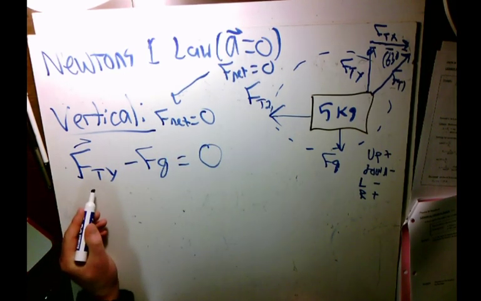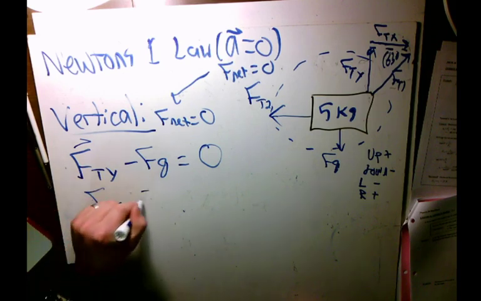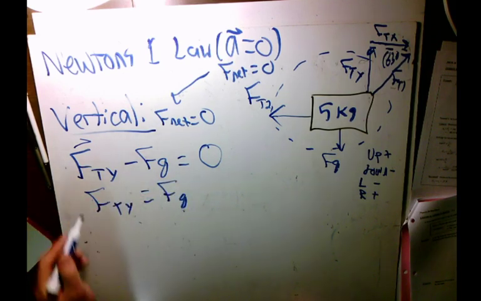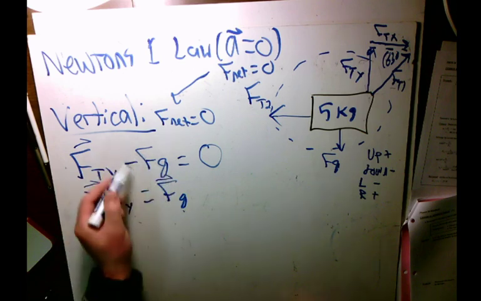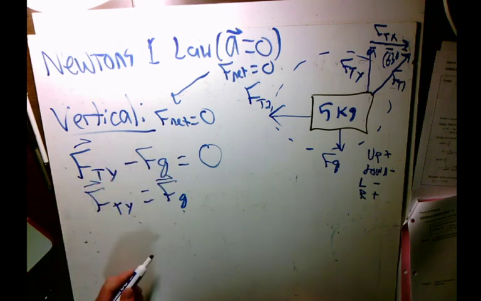So that vertical component of rope 1 is equal to the force of gravity just in the opposite direction, where gravity will pull it down and this tension is pulling it up.